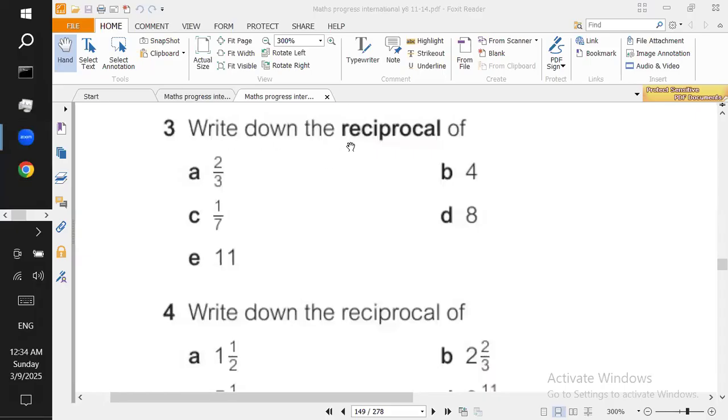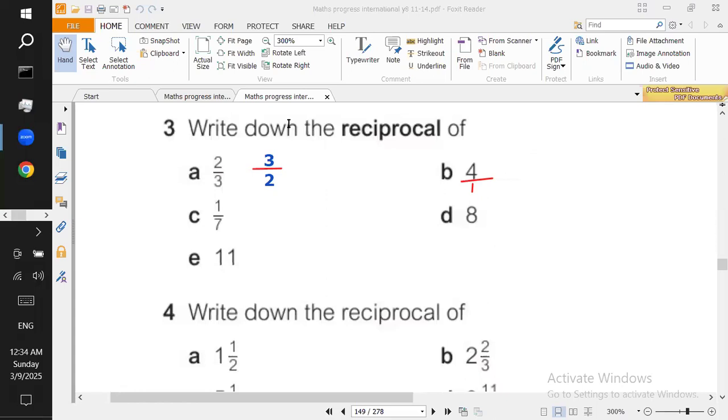Okay, so write down the reciprocal. The reciprocal means the upside down of a fraction. So if it's 2 over 3, we're going to make it 3 over 2. So the denominator will become the numerator, numerator will become the denominator. Same idea. 1 over 7 is going to be 7 over 1, which is 7. 4 over 1, I'm going to consider that it has a numerator of 4, the denominator of 1.